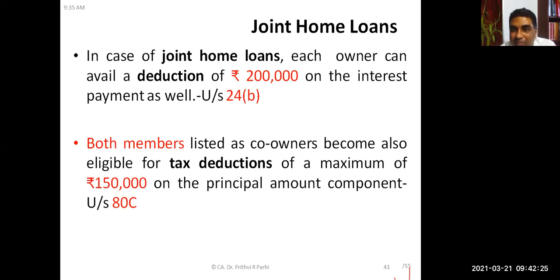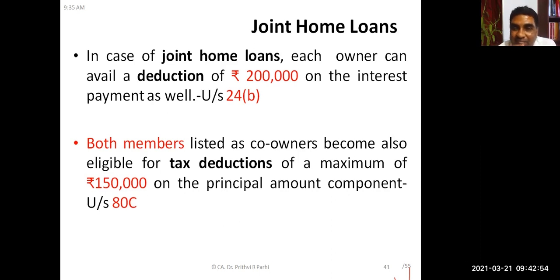Are you getting? So it means each of the members can get exemption of up to rupees 1,50,000 on the principal amount. 1,50,000 rupees, 1,50,000 rupees, 3 lakh rupees can be claimed, provided 3 lakh rupees has been paid.